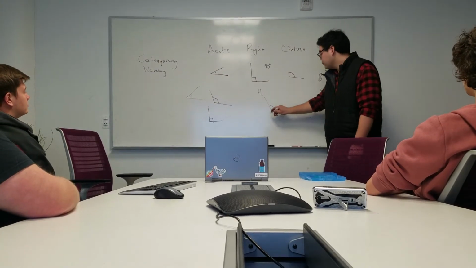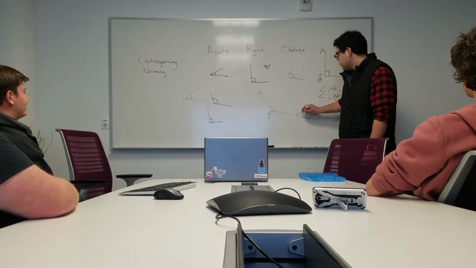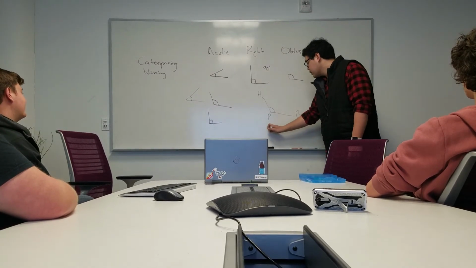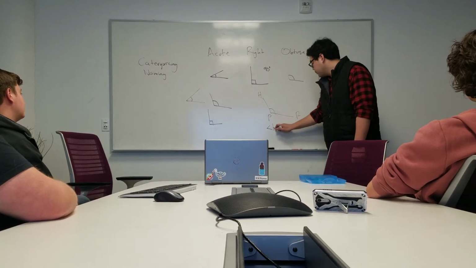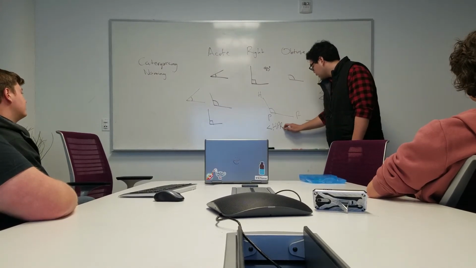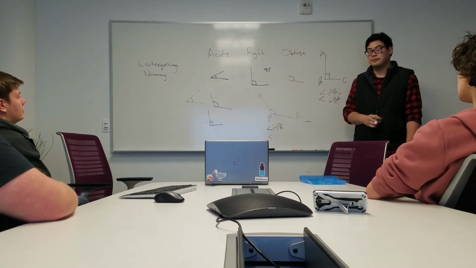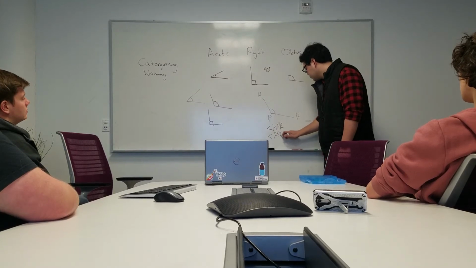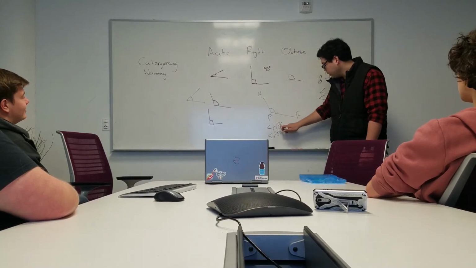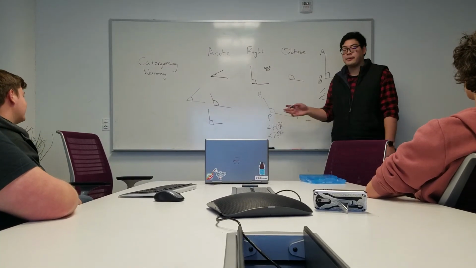P. And Scott, give me a letter. R. There are two ways to name this angle. What's the first way? HPR. There you go. And the second way? RPH. There you go. That's important because the P is in the middle, because it's the vertex. So that's how you name angles.